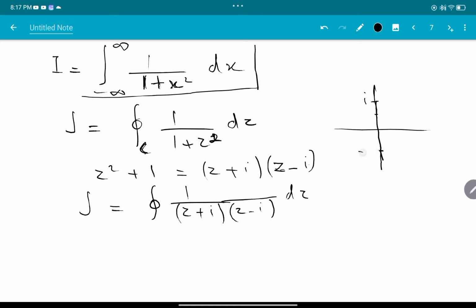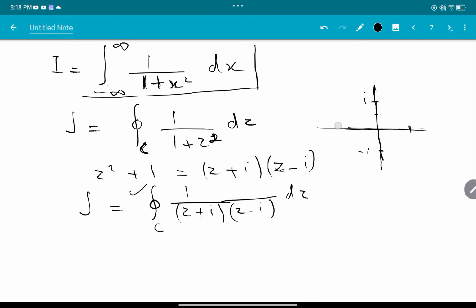Then I will deliberately choose a loop that goes partly along the real axis, because I have to evaluate this real integral. This must come out of this. So this means that this loop C should have a part along the real axis for the real x integral, and a part along the z plane for the complex part.